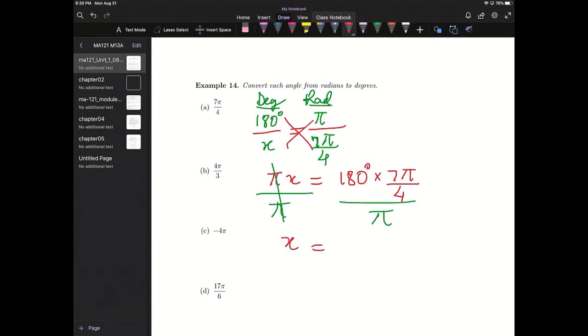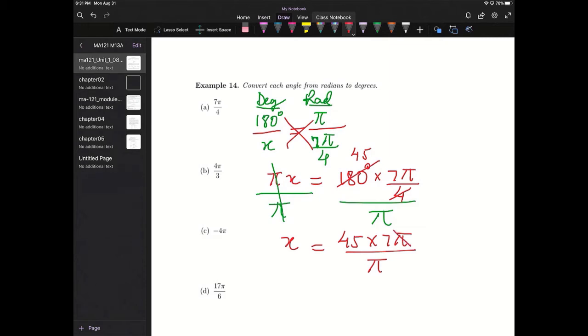One thing that you should notice on the main fraction here, I have a multiplication on the top. Notice that I can cancel 180 with 4. So 180 divided by 4 is 45. So basically on the top, I have 45 times 7 pi, and that's still divided by that pi on the bottom.